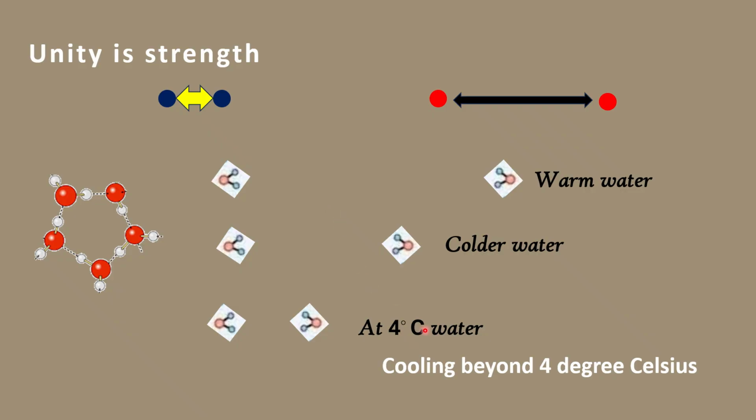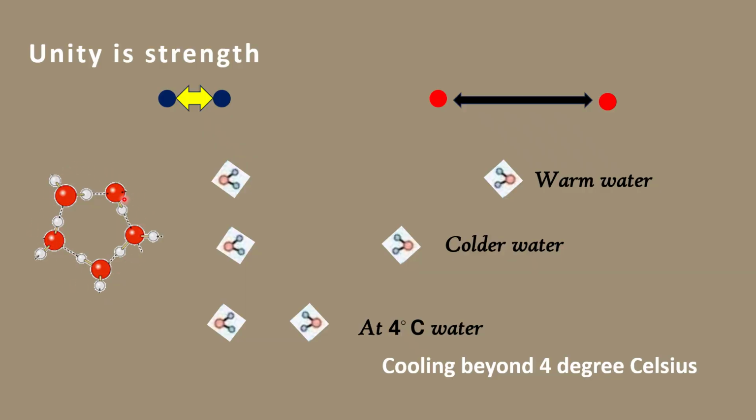So when you are reducing the temperature below 4 degrees Celsius, the molecules cannot come any closer, but the temperature may be 3 degrees Celsius, 2.5 degrees Celsius, 2 degrees Celsius. So what do they do? They come together as a pattern, a group. The pattern is forming, not completely formed, but a sort of pattern tends to be formed.